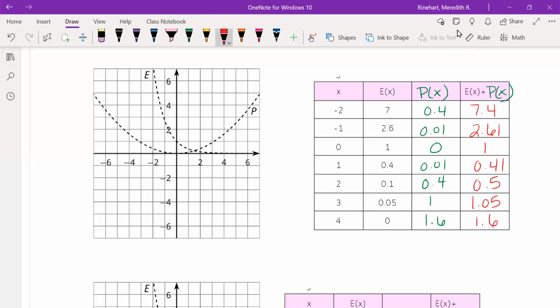So let's go ahead and graph those. So at negative 2, we're going to go to 7.4, which is going to be a little bit off the graph. At negative 1, we're going to go to 2.61. At 0, we're going to go to 1. At 1, you're going to go to 0.41. 2, 0.5.